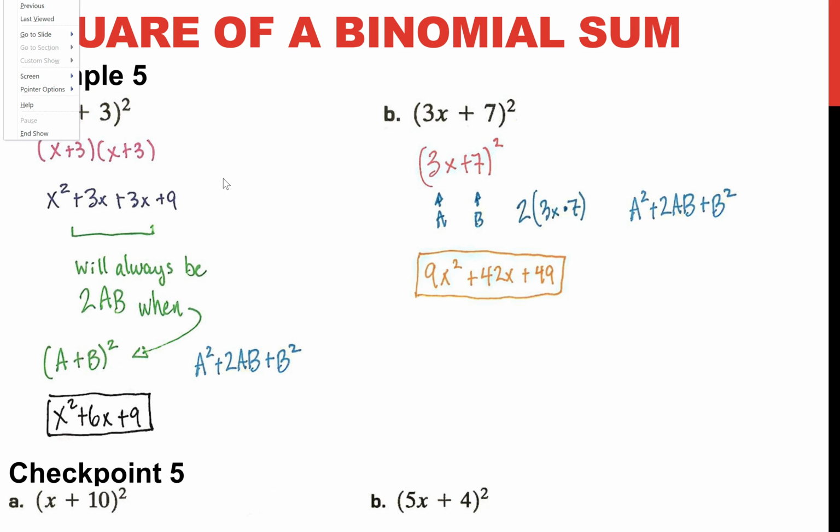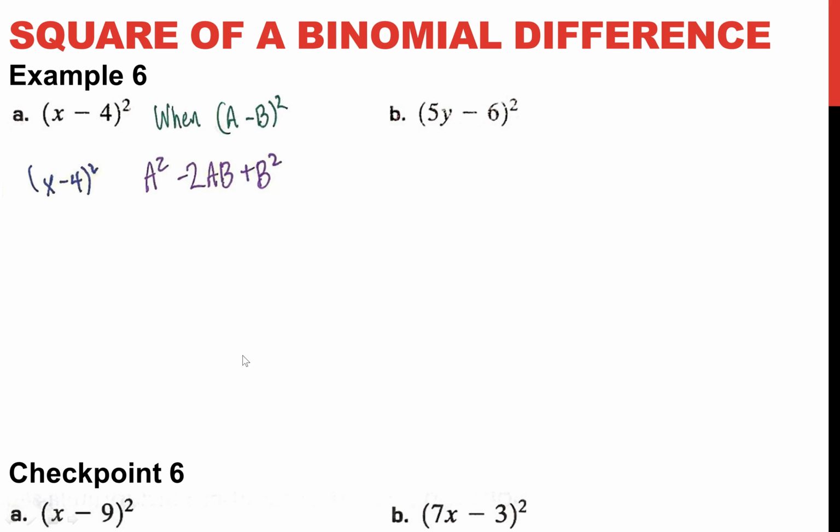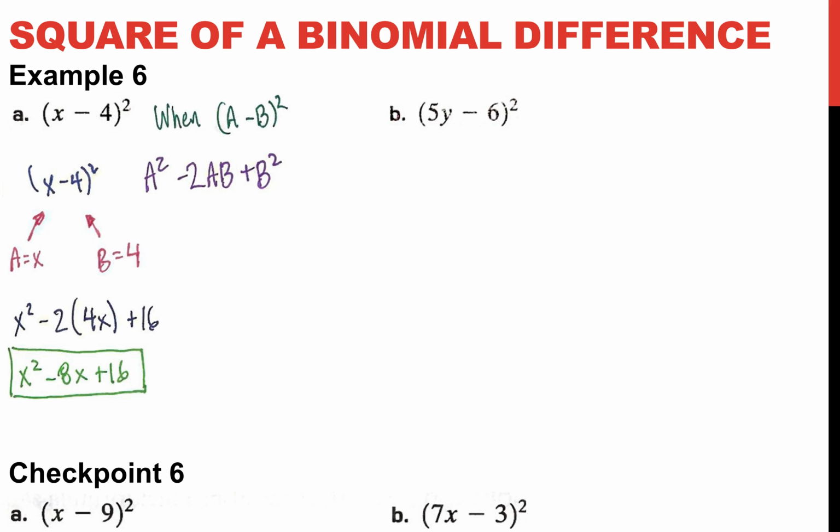In the previous slide, where it was a binomial sum, I have a squared plus 2ab plus b squared, so it's plus 2ab. When we're doing the difference, it's minus 2ab. Okay, cool. So I know a is x and b is 4. So 2ab is 2 times 4x, and of course that's x squared minus 8x plus 16.